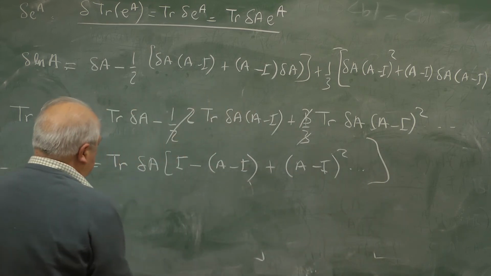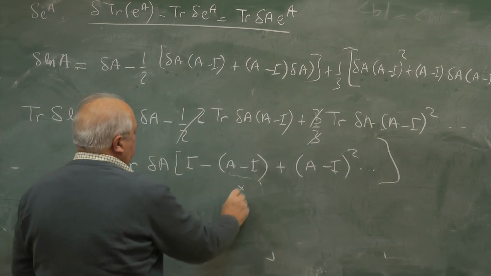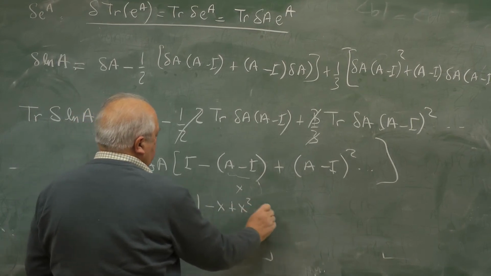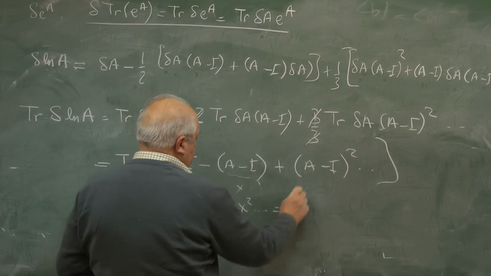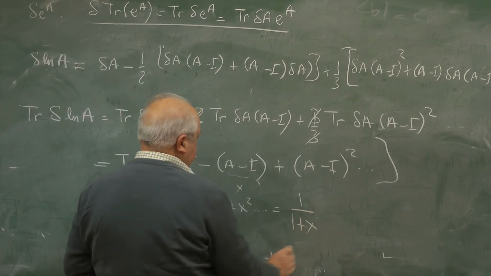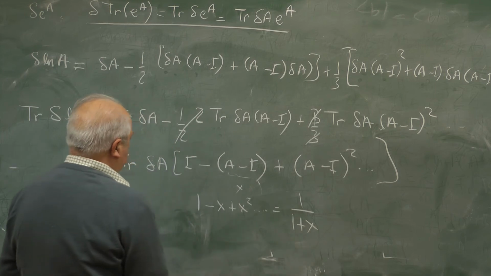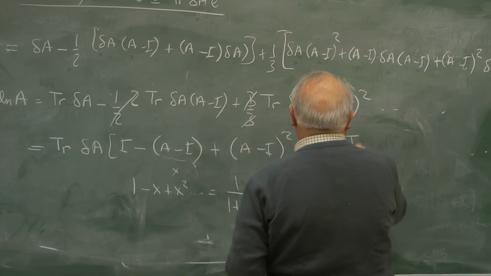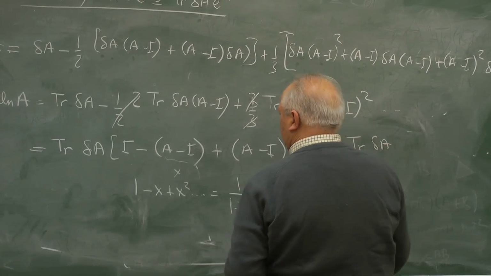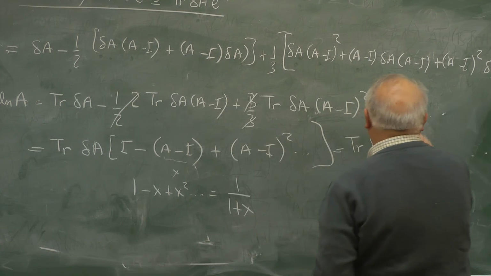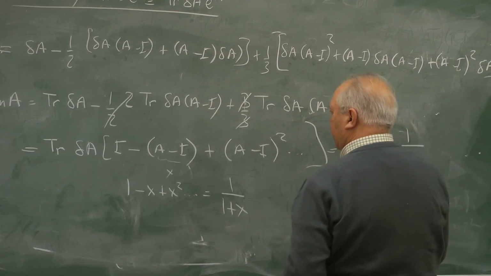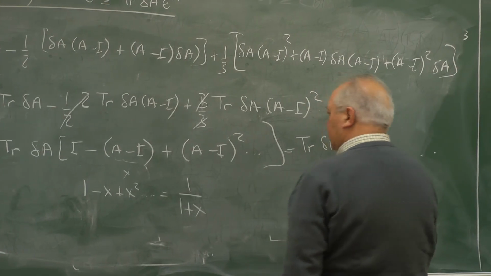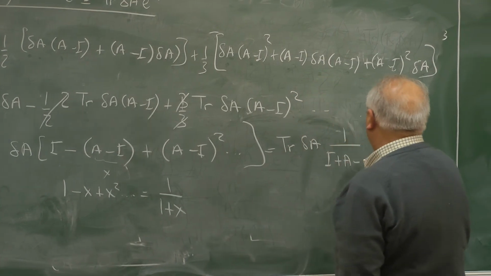But again, if we call this x, for example, this looks like 1 minus x plus x square. It looks like the expansion of 1 over 1 plus x. So let's write it. This is trace delta A under the trace, 1 over I plus A minus I.